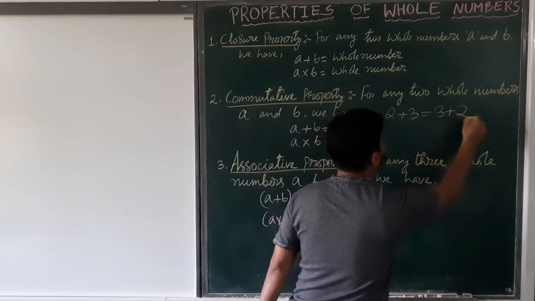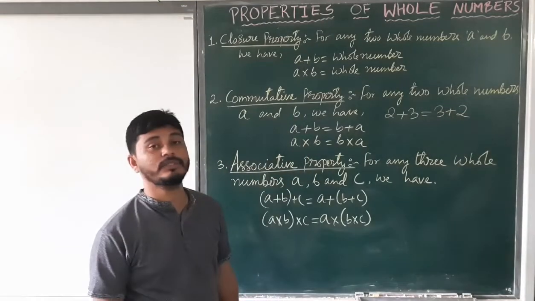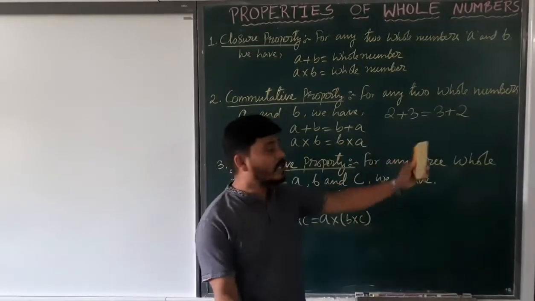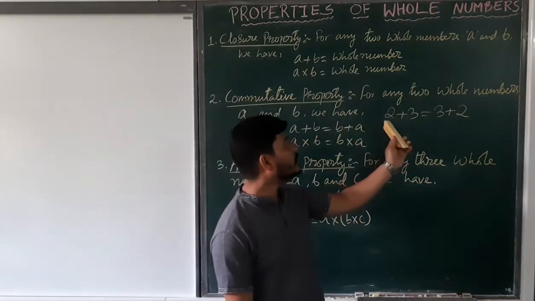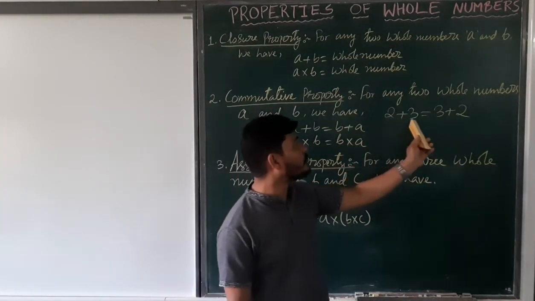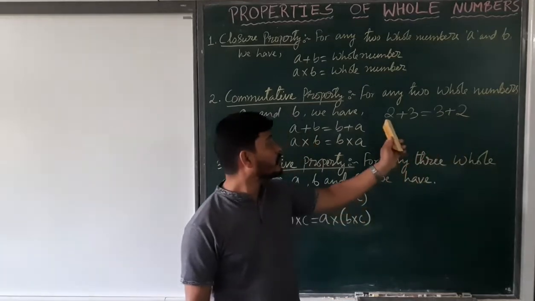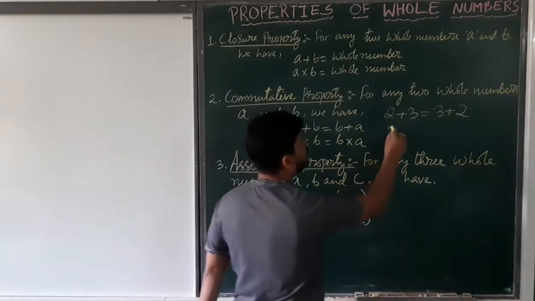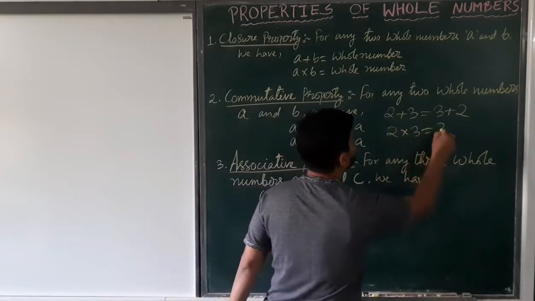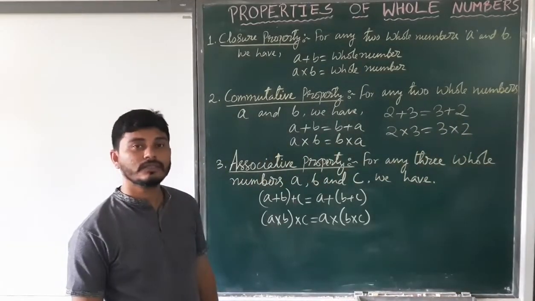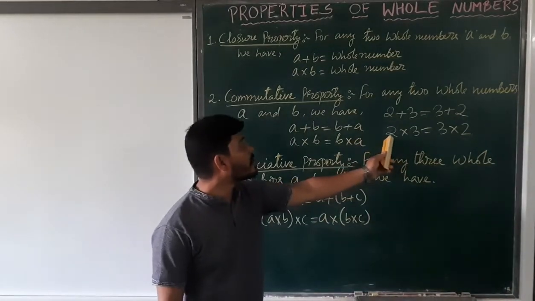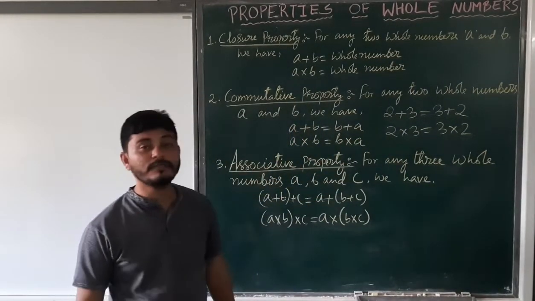Also 3 plus 2 is also 5. So whatever order we add, we get the same result. That is why a plus b is equal to b plus a. In the same way 2 into 3 is equal to 3 into 2, both equal to 6. So they satisfy the commutative property.